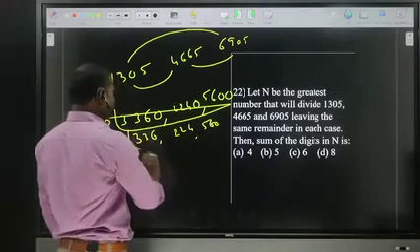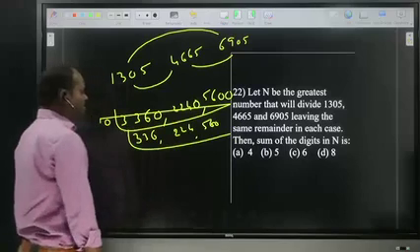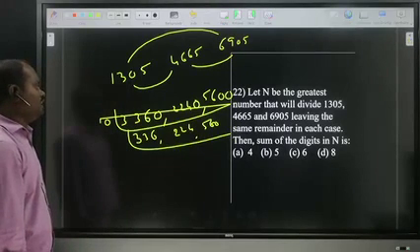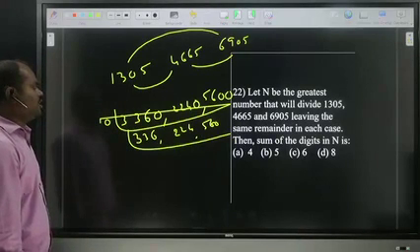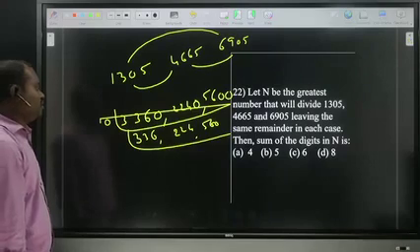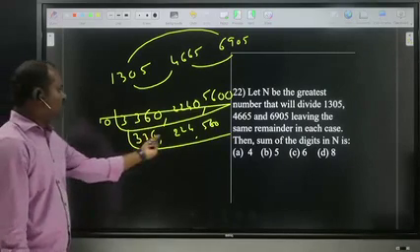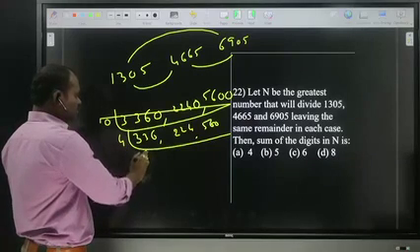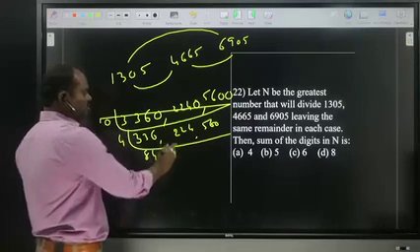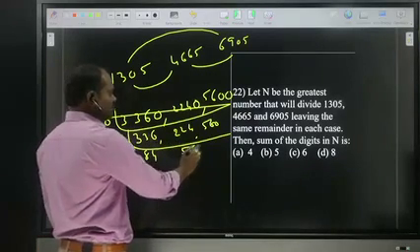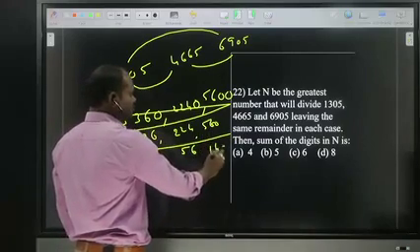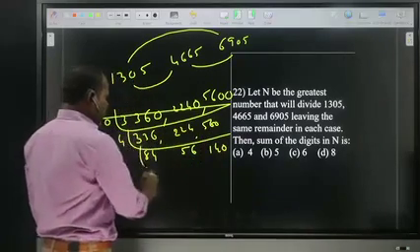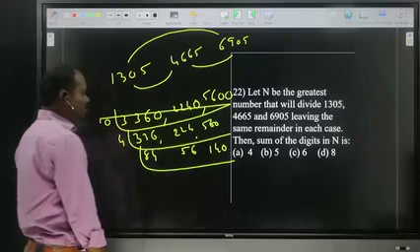Next, if you observe carefully, can we get them in the 4 table? All the last two digits are divisible by 4, so all are in the 4 table: 4 8s are 32, 4 5s are 20, 4 1s are 4. Again, can we get them in the 7 table?